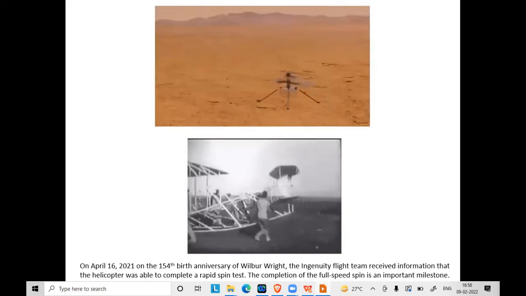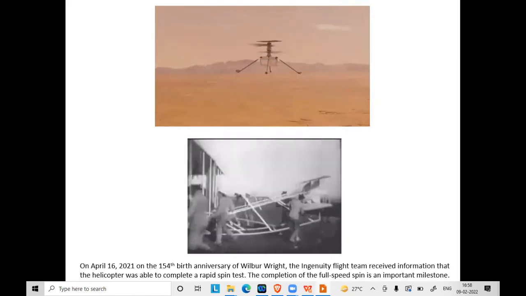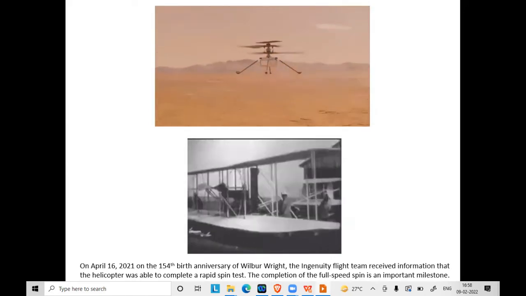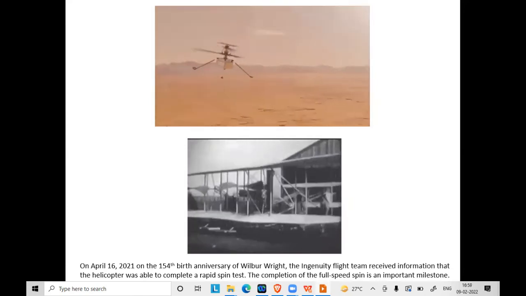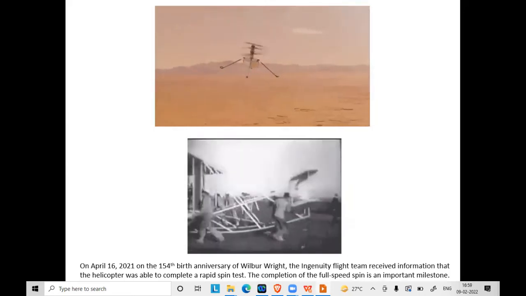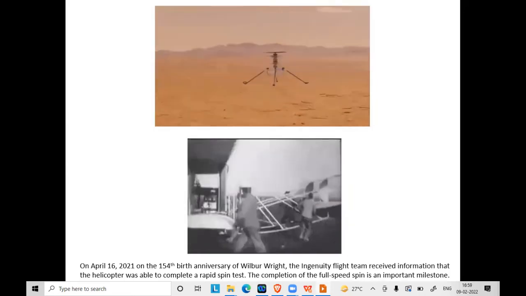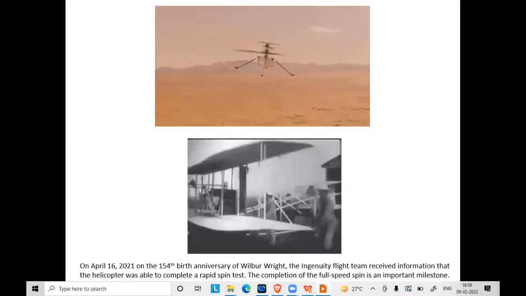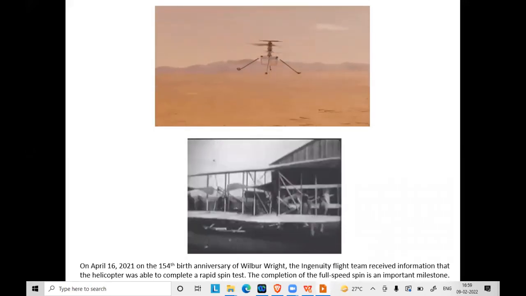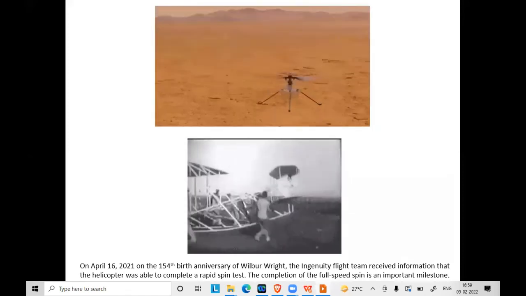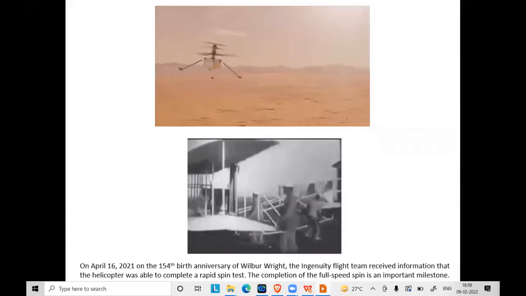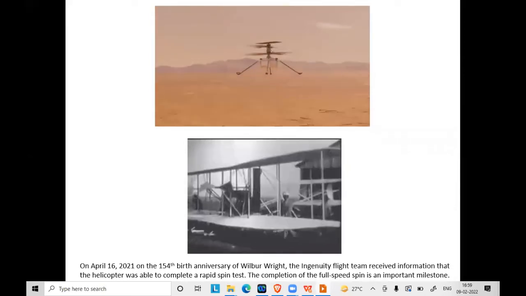The helicopter took off on its first flight on April 16, which also marks the 154th birth anniversary of the first Wright brothers flight. Both are historic moments for us, because following them we have seen technological progress and how it has contributed to our overall socio-economic development.